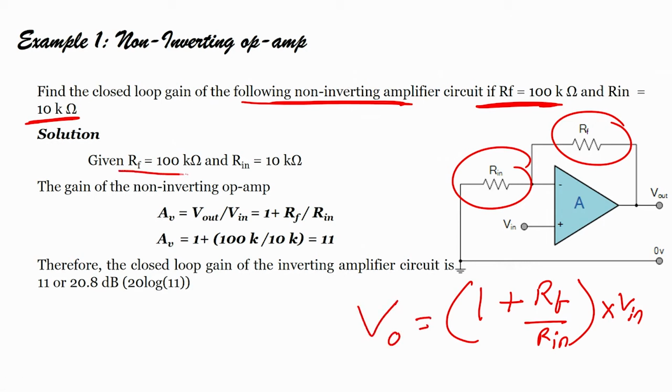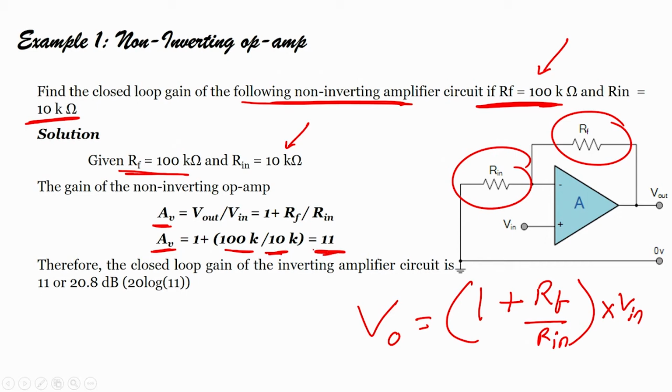So, given Rf equals 100 kilo ohm and R1 is 10 kilo ohm, the voltage gain AV is 1 plus Rf by Rin. If I put the values of Rf and Rin, I have AV equals 1 plus 100 by 10. So, 100 by 10 is what? 10. So, 1 plus 10 is nothing but 11.